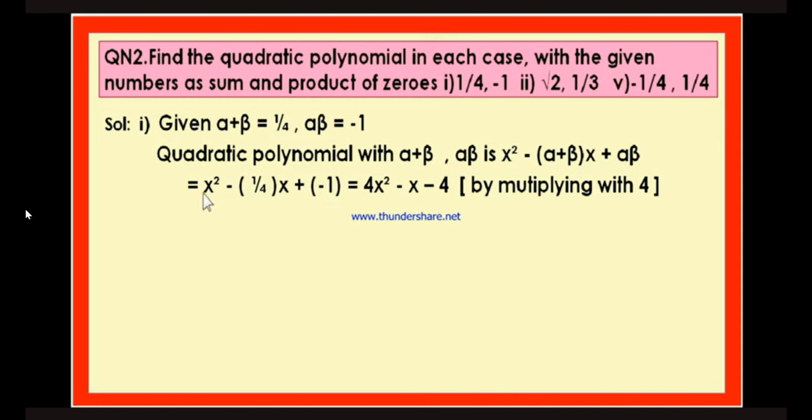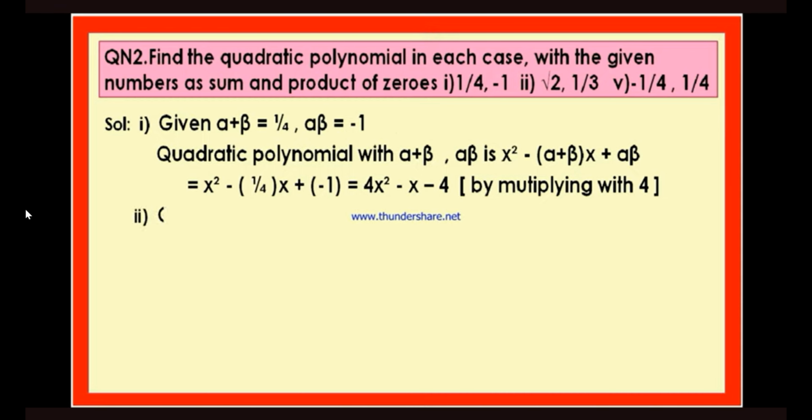Then 4 into x squared is 4x squared, minus 4 into 1 by 4, the 4 and 1 by 4 cancel and you get minus x. Minus 4 into minus 1 is minus 4. So by multiplying with 4 you get the polynomial 4x squared minus x minus 4. This is the quadratic polynomial in which the sum of the zeros is 1 by 4 and the product of the zeros is minus 1. That is what is asked.